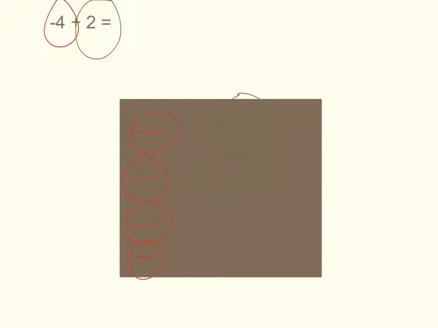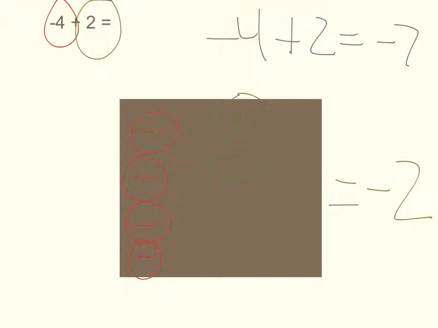Now, the best way to solve this is to cross out all of your 0 pairs or remove your 0 pairs. So here we have a positive and negative. They cross out. Another positive, negative. And left over, we have 2 negatives. So your answer would be -2. So -4 plus 2 equals -2.